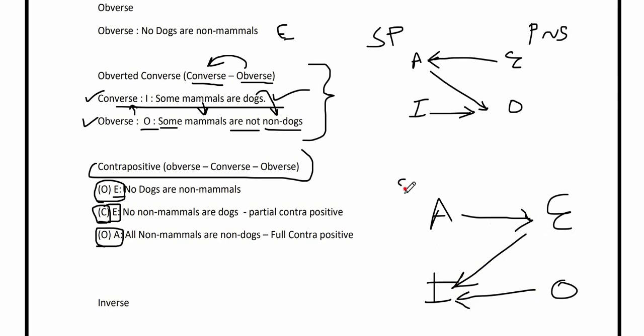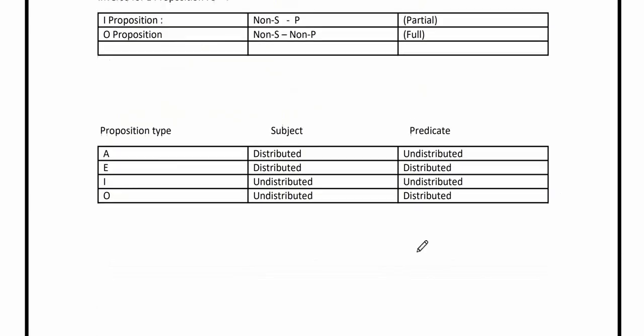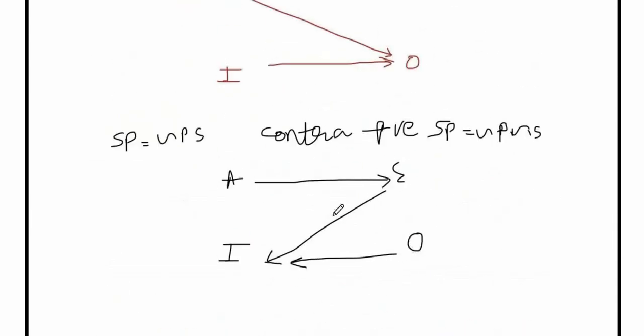Now what about subject and predicate rules? So for subject and predicate rules, SP becomes non-PS for partial, and for full it becomes SP becomes non-P non-S.